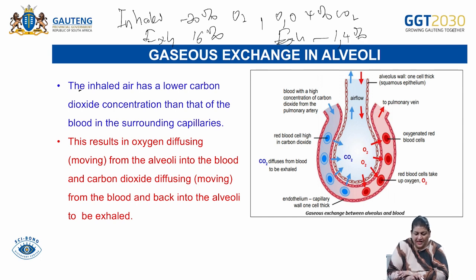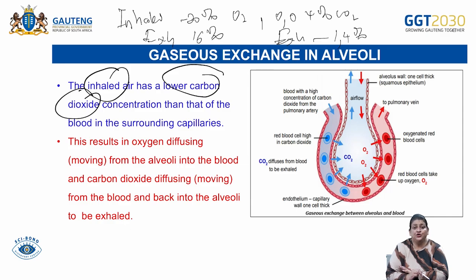All right. So this results, so let's see, gaseous exchange at the alveolus. Inhaled air has less CO2. So inhaled air has more oxygen and less CO2. This results in oxygen moving from the alveolus into the blood.